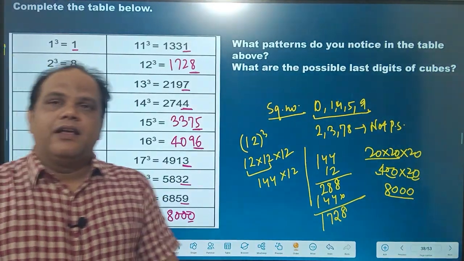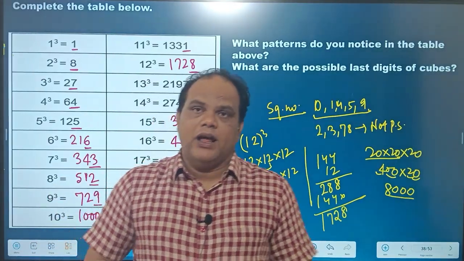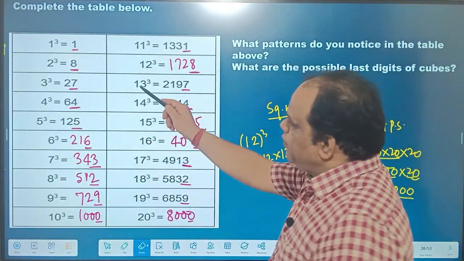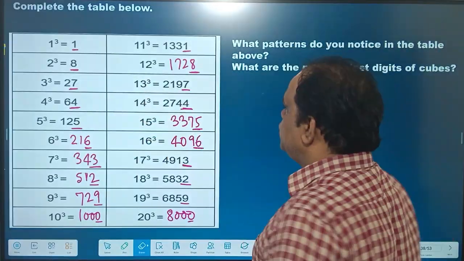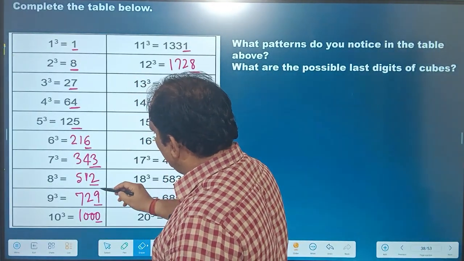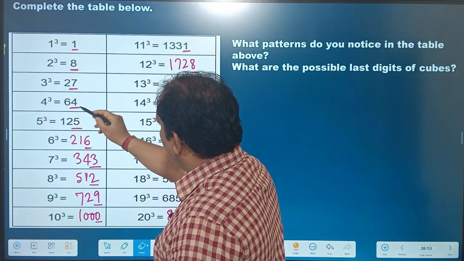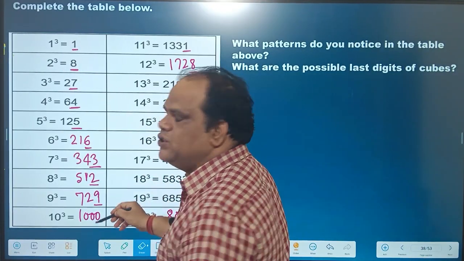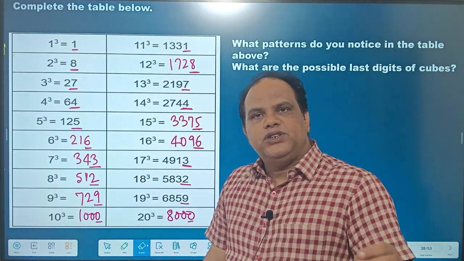You see that in cube numbers, everything is possible. It is ending in 1, in 2, 3, 4, 5, 6, 7, 8, 9 and 0. So it is from 0 to 9.